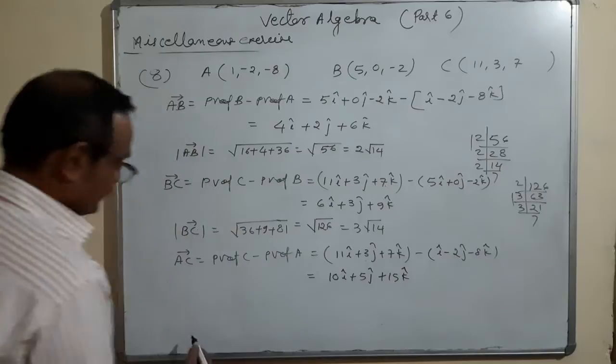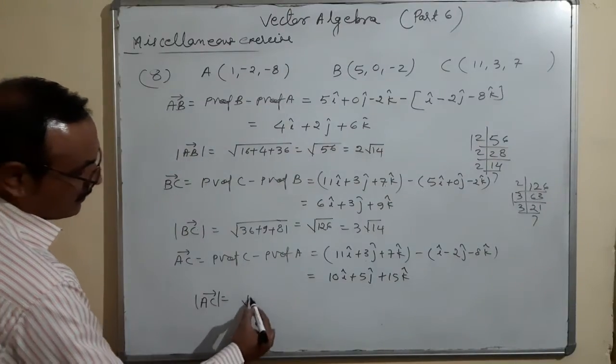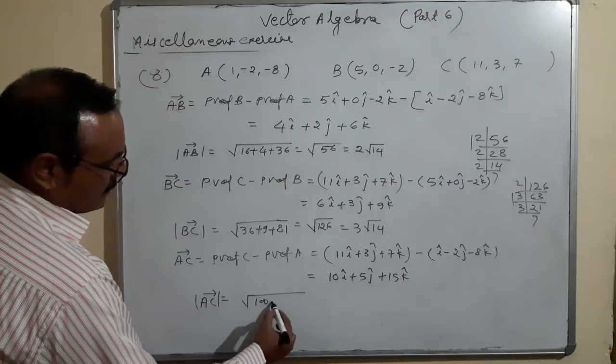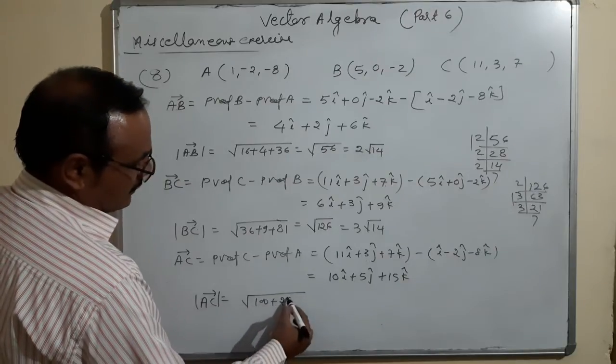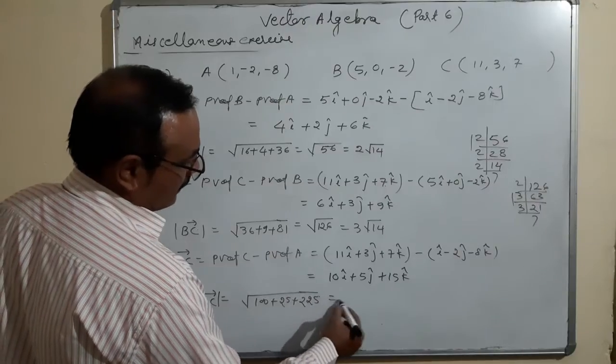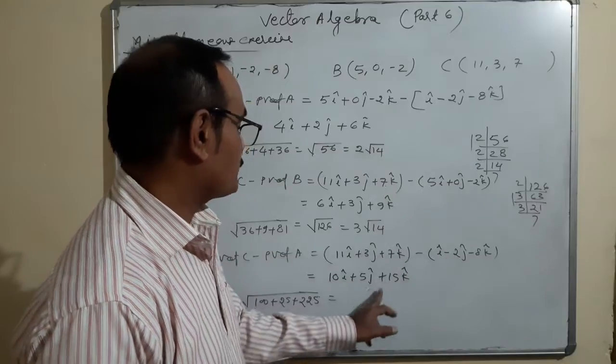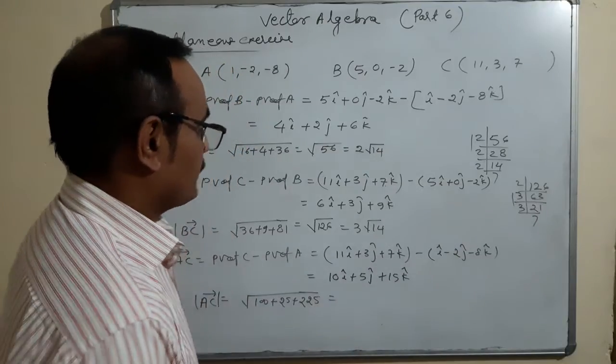So the magnitude of vector AC is the root of 100 plus 25 plus 225. See, 11 minus 1 is 10, 3 plus 2 is 5, and 7 plus 8 is 15.